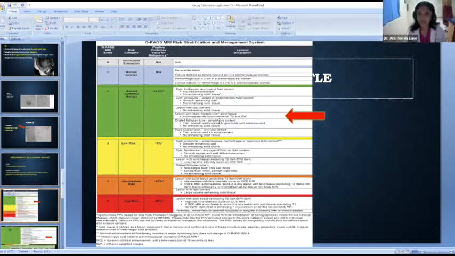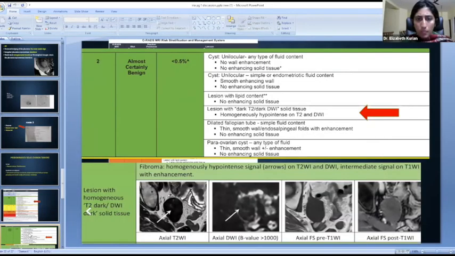The other T2 dark lesion in the ovary can be an endometriotic cyst with T2 shading. But these are the solid benign lesions, fibromas and fibrothecomas. So they can be categorized as category 2.